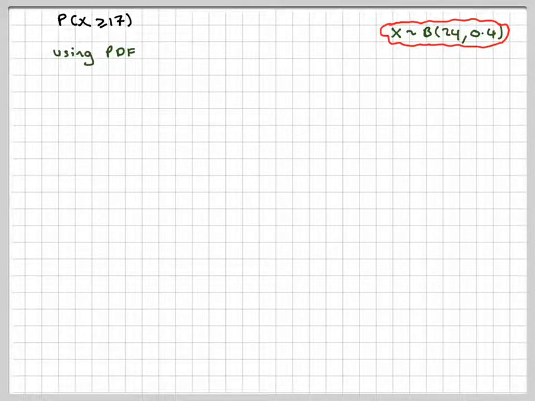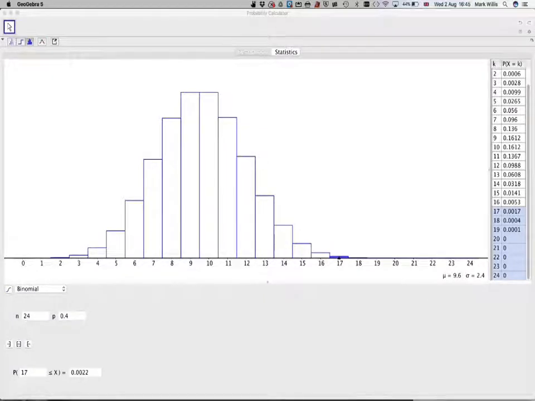So going to our GeoGebra, we want more than 16, so that's going to be 17 or more, so we need to sum these probabilities together, setting n to 24 and p to 0.4. Or we can consider the cumulative distribution function, and to do that you need to click this one here.